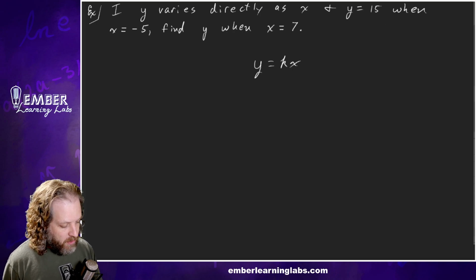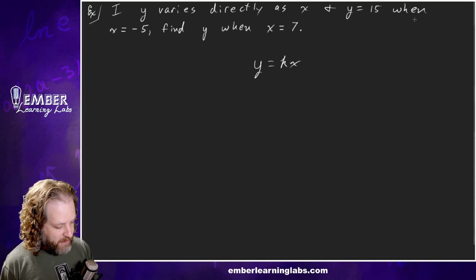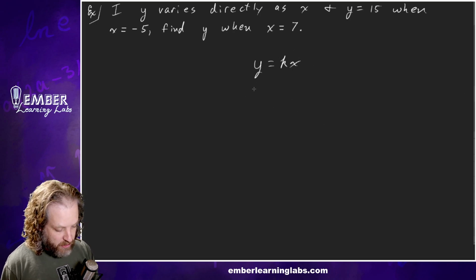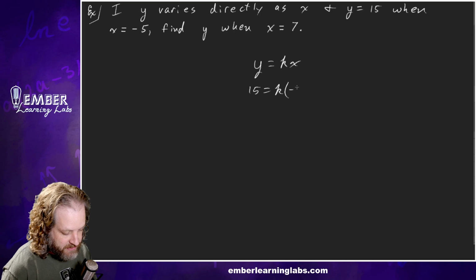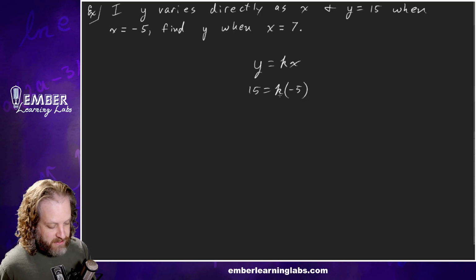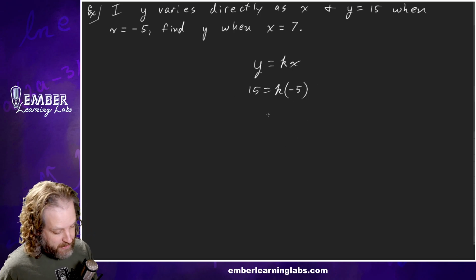So now for the next bit. y equals 15 when x equals -5. We plug those numbers in to find k. Into y we put 15 equals k times -5. To find k, you just divide both sides by -5.